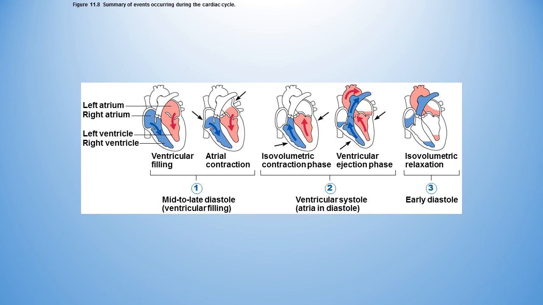If you look at a cardiac cycle, initially the AV valves, the tricuspid and the bicuspid, those valves between the atriums and the ventricles, are open. So blood in the atrium is flowing down into the ventricles. Now at this point in time, the semilunar valves are closed. That's between the ventricles and the pulmonary trunk and the aorta. Those valves are closed, and that's allowing the ventricles to be filling up with blood.